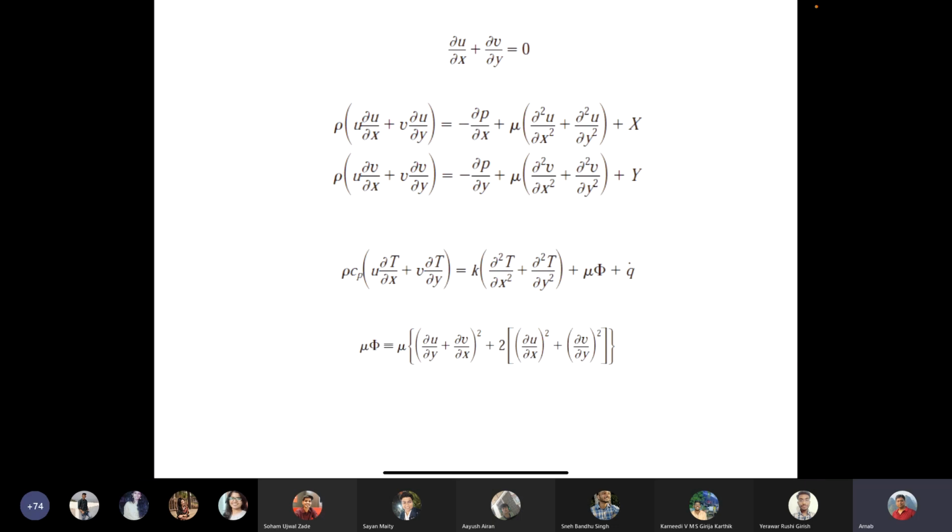These are the convection, these are the diffusive transport, this is the pressure gradient, and these are the external forces, or the body forces, which include gravity, centrifugal force, electric force or magnetic force, whatever you can apply on a fluid to make it flow, in addition to the pressure drop.